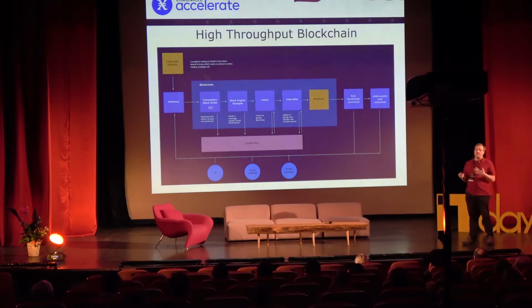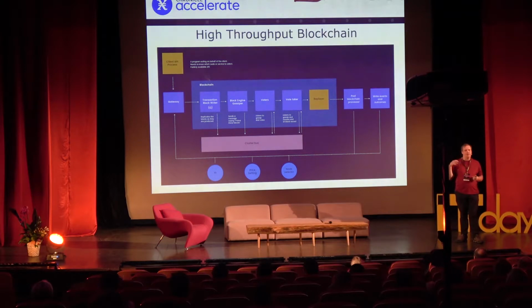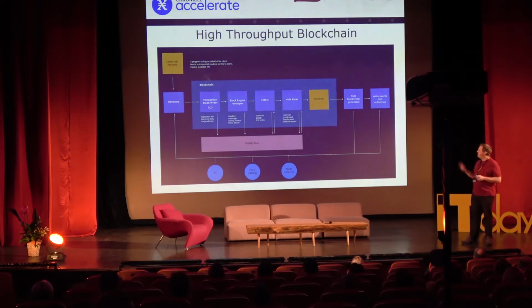So what we did is we took the experience we had and came up with a design for a high-performance chain. I'll come back to this slide, but broadly speaking, it's pipelined to process the data as quickly as possible with a very high throughput. One of the key ways that it does that is that every node in the cluster can contribute a block to each round concurrently.